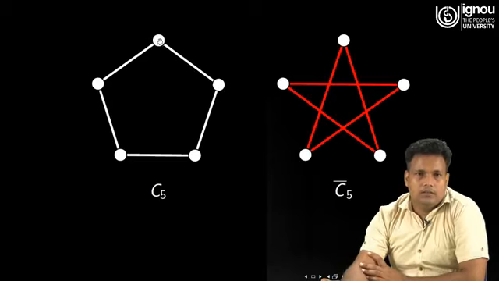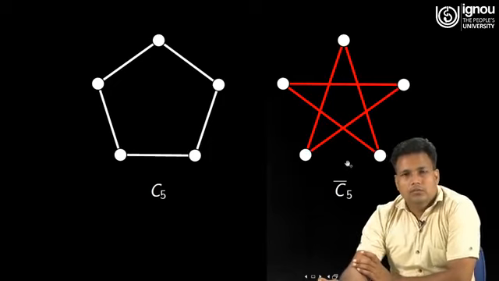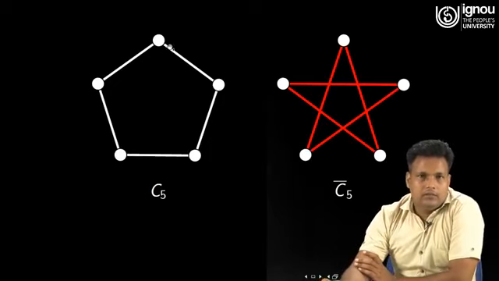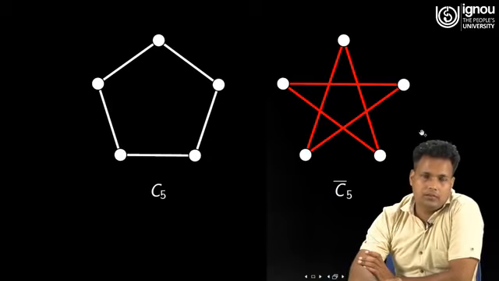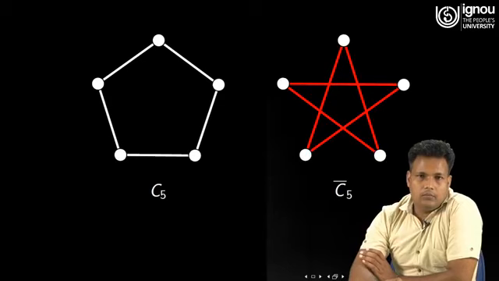For instance, after mapping this vertex to this one, you can map this vertex to this one and this one to this one, right? And then these two vertices are mapped likewise to these vertices. Then you can check that all the edges which are present here have the same kind of relationship here. So C5 is also self-complementary.